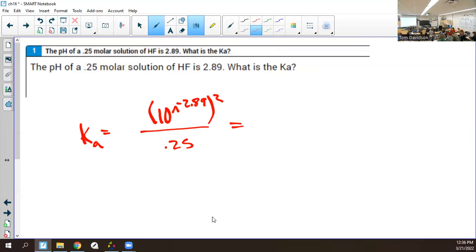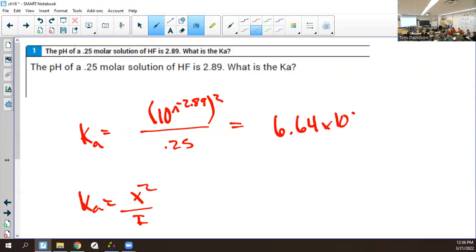All right. Did I do it right? No, I only do that for percent concentration. Yeah, because it was Ka equals x squared over the value plus x squared. Okay, what did I get? 6 point what?